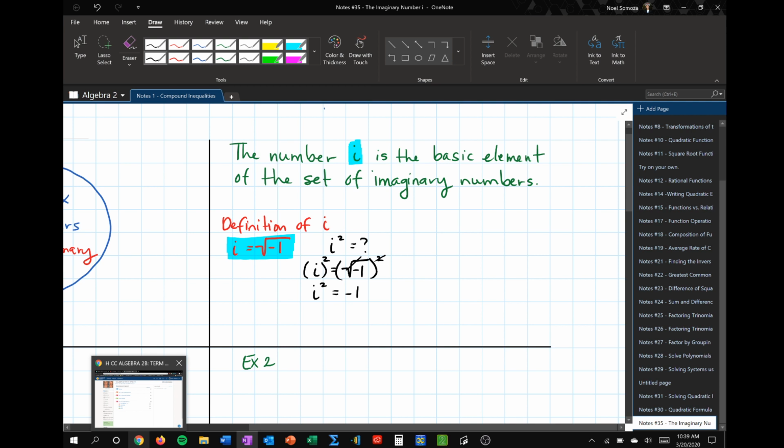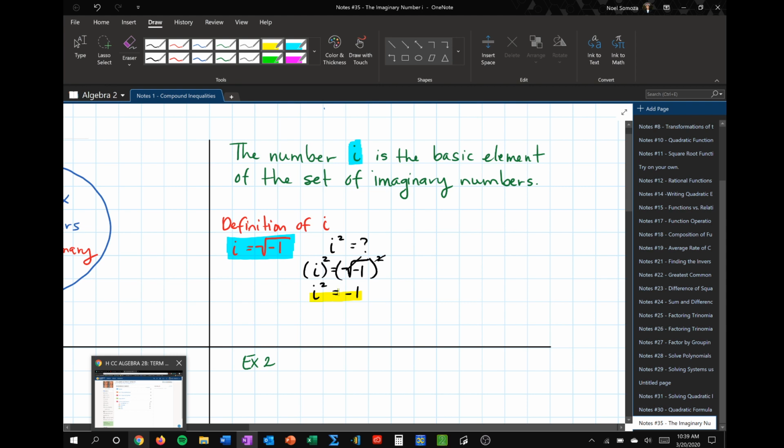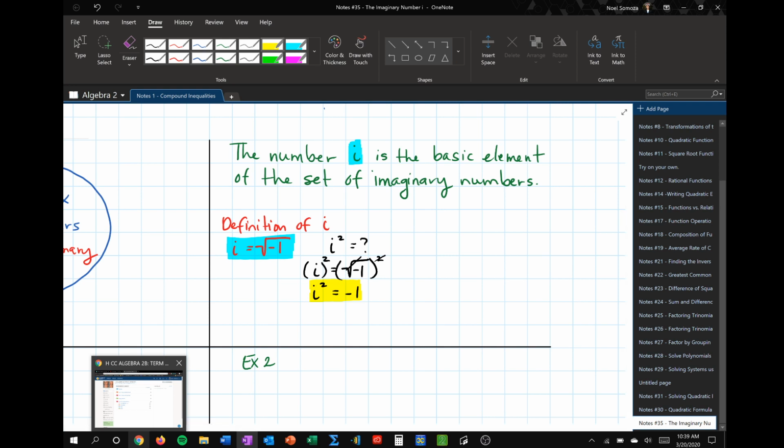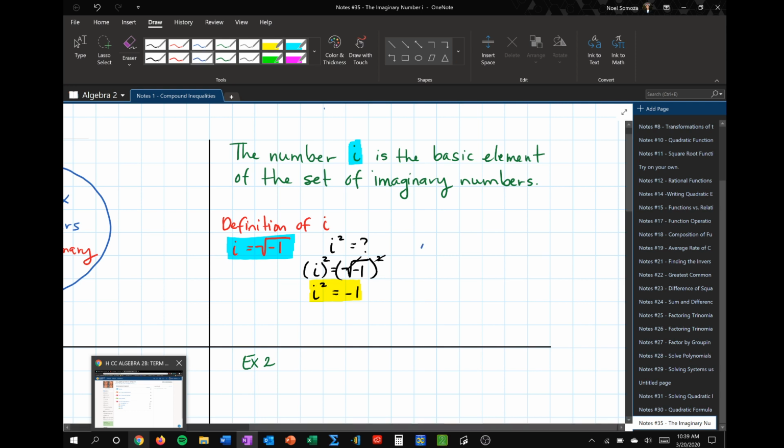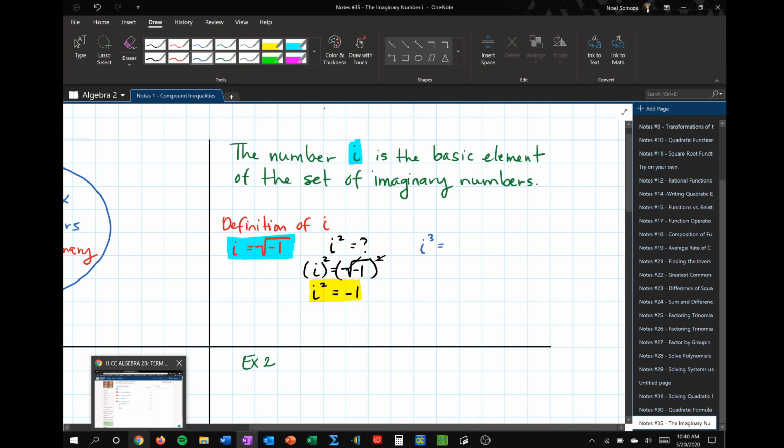Okay. So it becomes a pretty powerful tool now, because anytime I see i squared, I can simply convert it back into a number, which would be -1. And there's a lot that I can do with that. Now what about if we wanted to look for i to the third? If you think back to your properties of exponents, you can break this up: i to the third is the same thing as i squared times i.